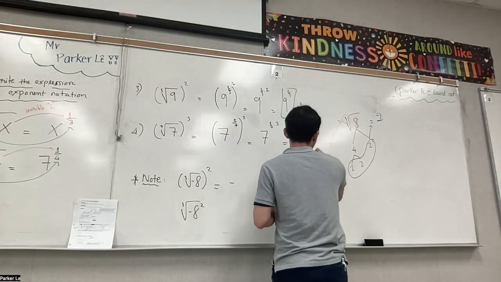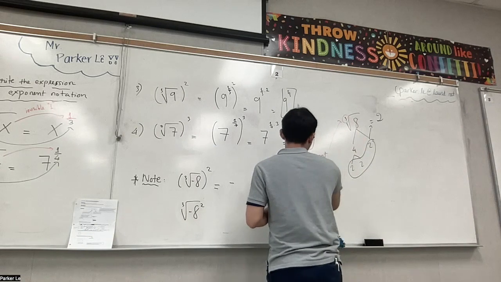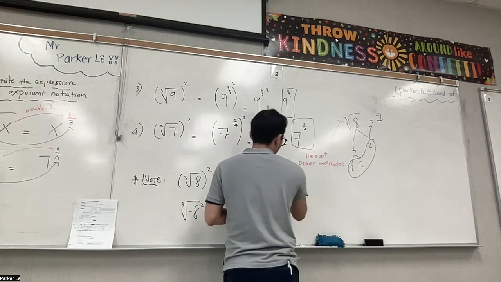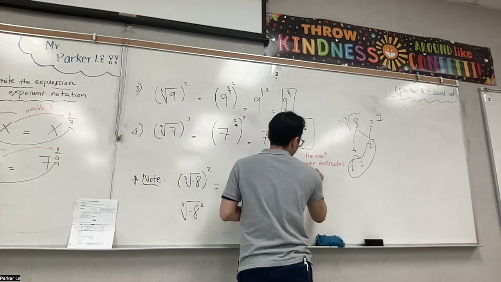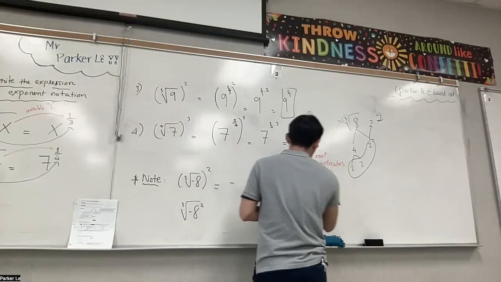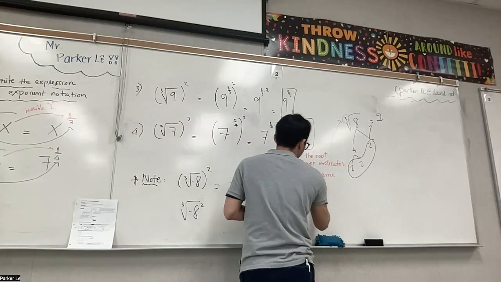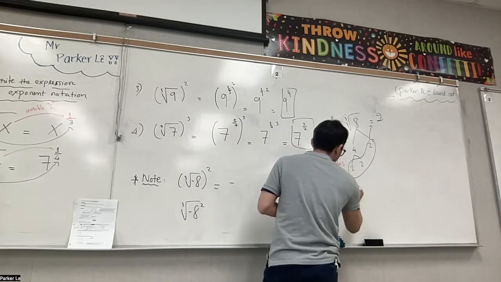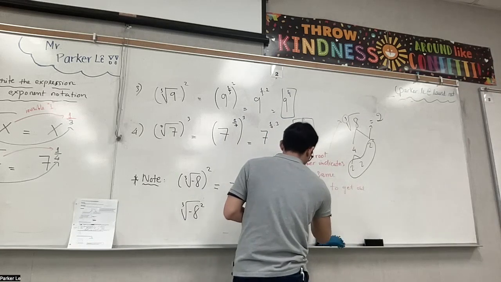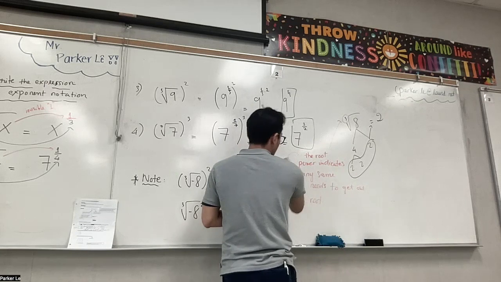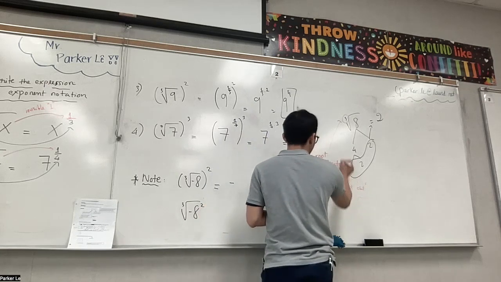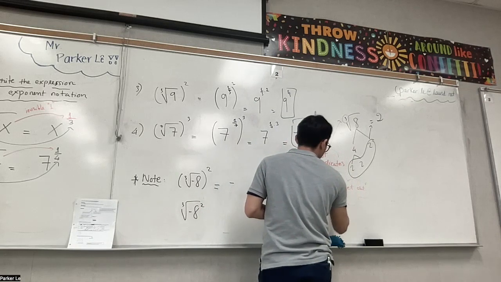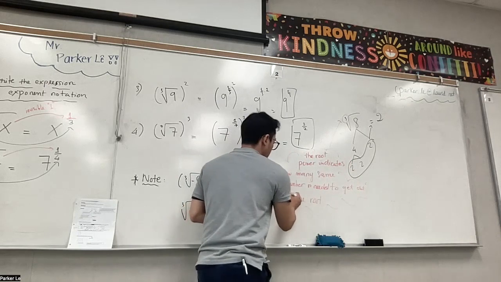So the number outside the root, the root power, indicates how many same numbers are needed to get out of the root.